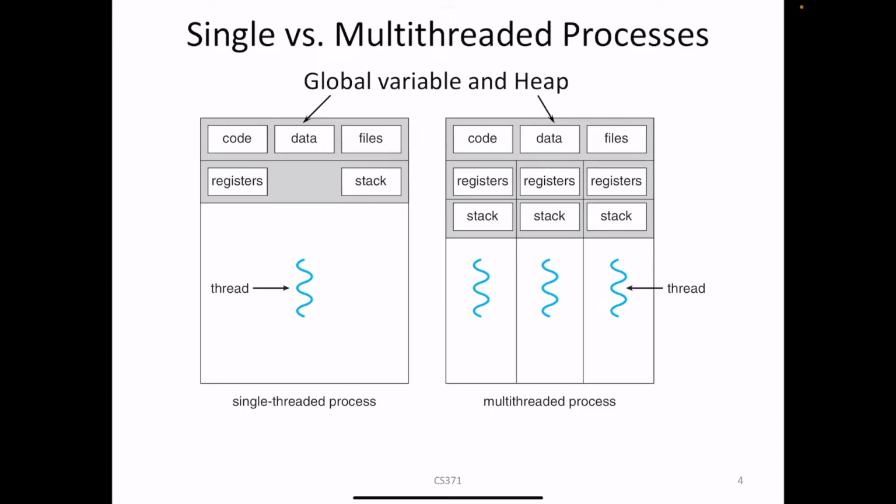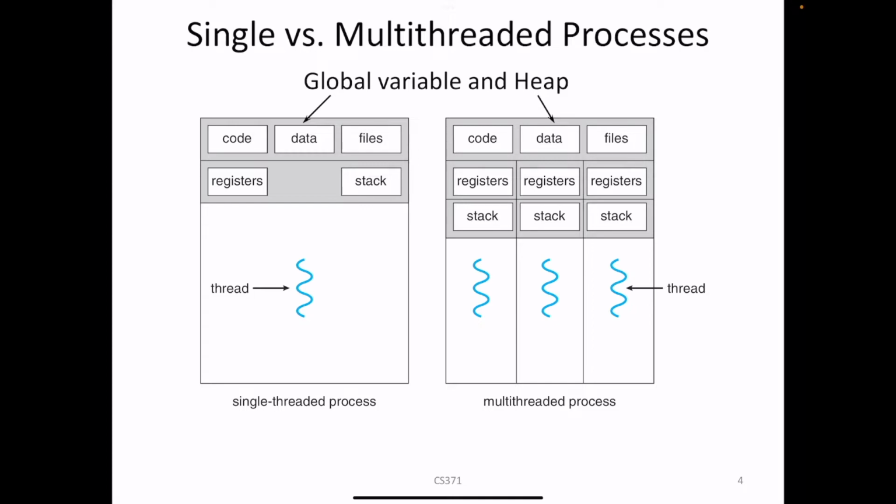So here we only have one copy of the program counter, registers, and stack for the single thread. In this kind of process, if you want to implement a new similar task, you need to duplicate the entire process, which includes the same code, data, files, heap, program counter, registers, and stack.